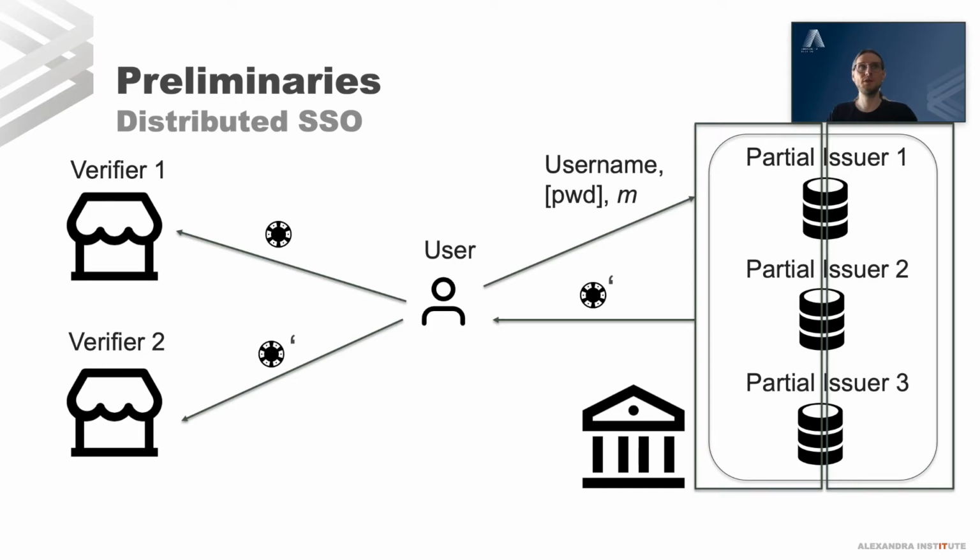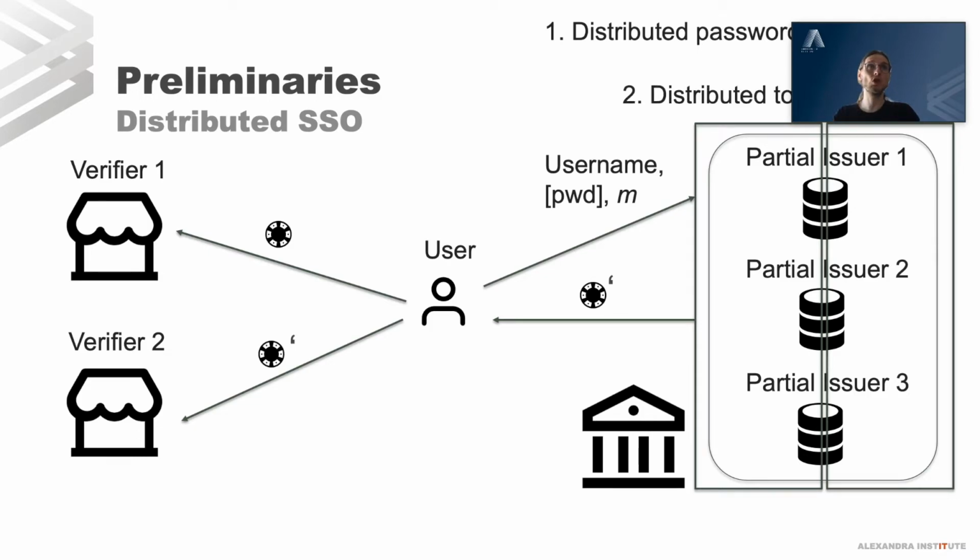In the distributed setting, basically the issuer gets distributed into multiple sub-issuers, or partial issuers, as we call them here. This means that the password verification can be done in a distributed manner. We see here that the password is hidden from each of the partial issuers. No partial issuer ever sees the password or a hash of it or anything like that in plain.